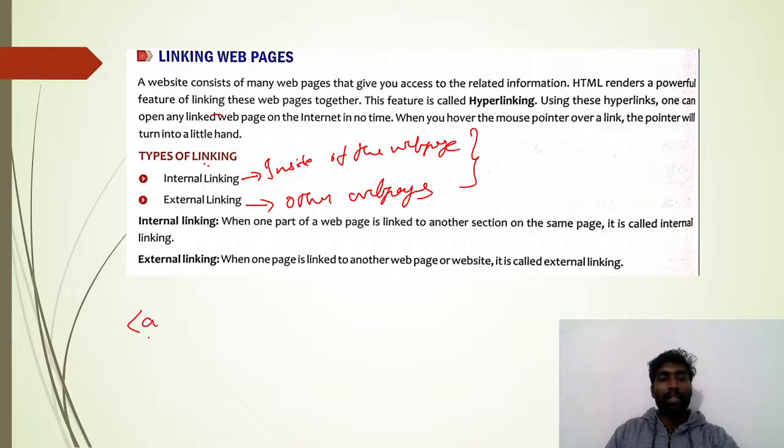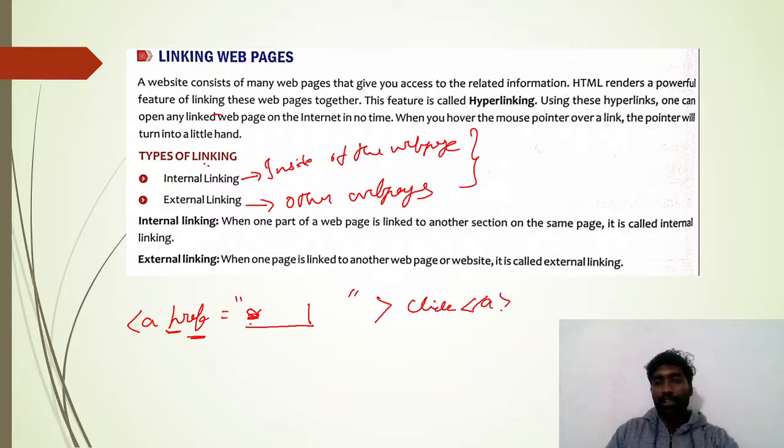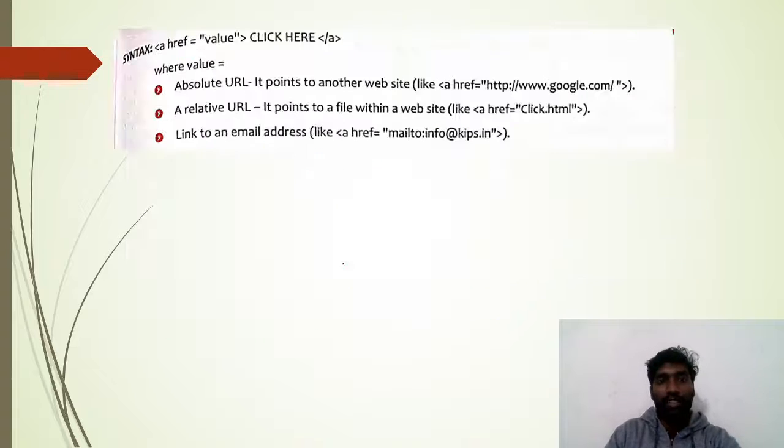A means anchor. HREF, hyperlink reference. H means hyperlink, REF means reference, equal to the location. Here you may mention the location plus file name with extension, close it. Now this text contains a link in the output, and when you click this link, the file you mentioned here will open.